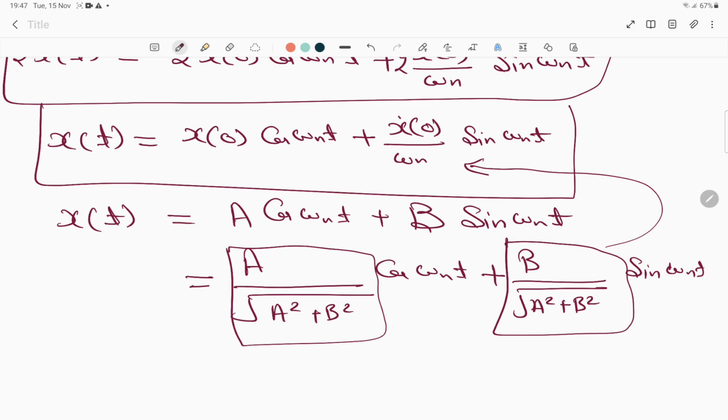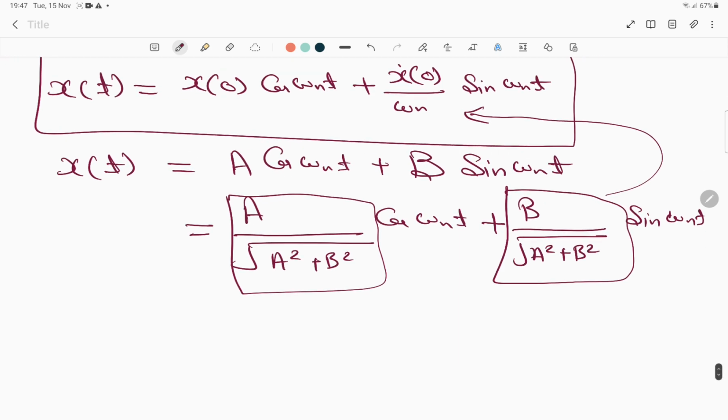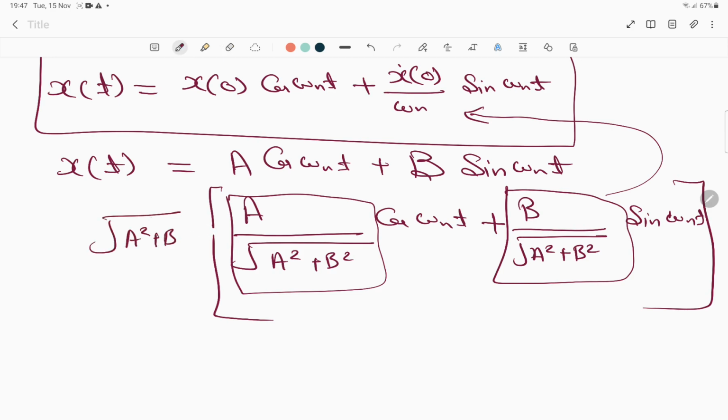So I can divide this entire term by, as I mentioned, see over here a is nothing but x0 and b is nothing but x dot 0 by omega n. If I divide it by the root a square plus b square, I can write it as cos something like that, and obviously I have to multiply outside with root a square plus b square, because initially this is the one.